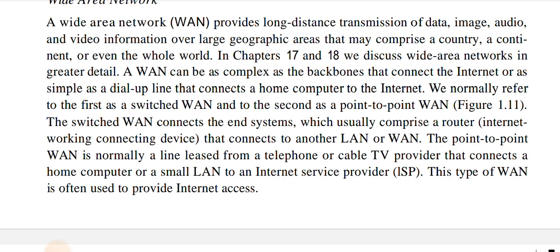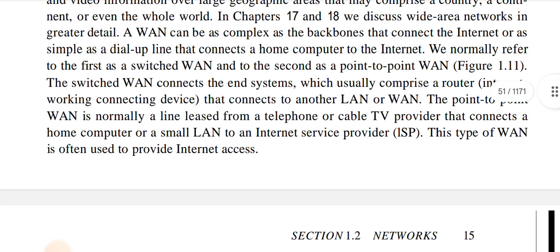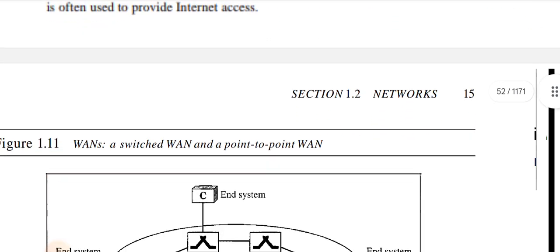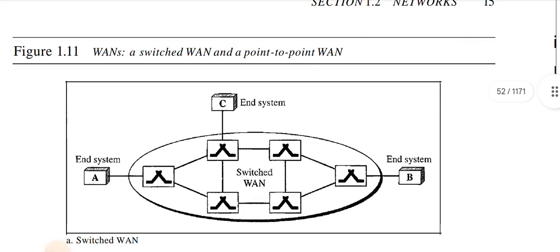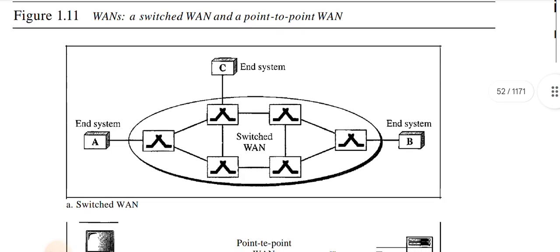A point-to-point WAN is normally a line leased from a telephone or cable TV provider that connects a home computer or a small LAN to an Internet service provider (ISP). This type of WAN is often used to provide Internet access. Figure 1.11 shows WANs: a switched WAN and a point-to-point WAN.